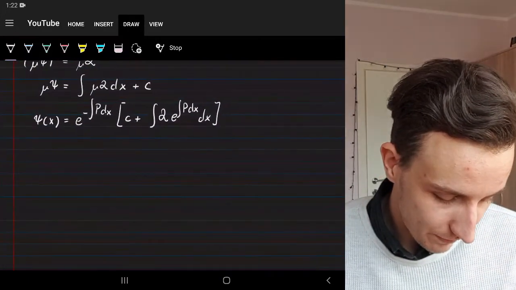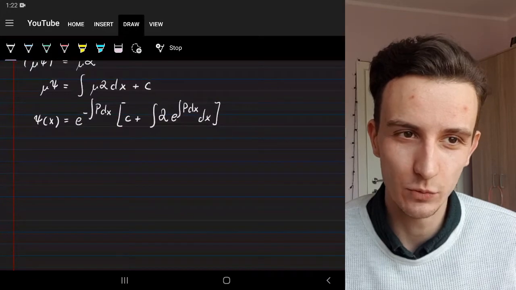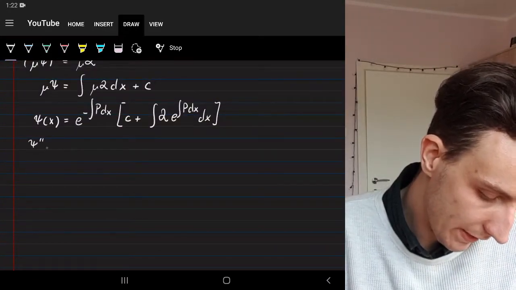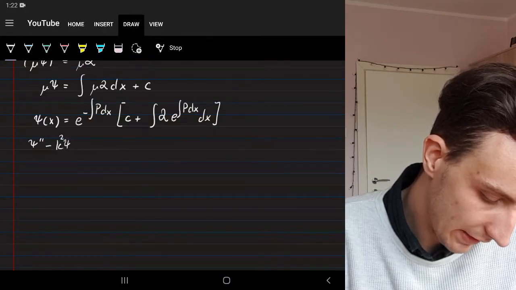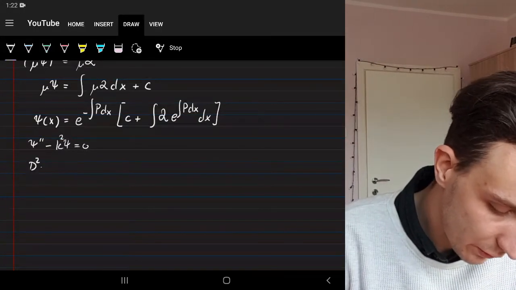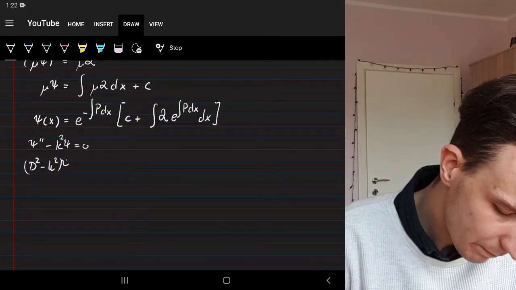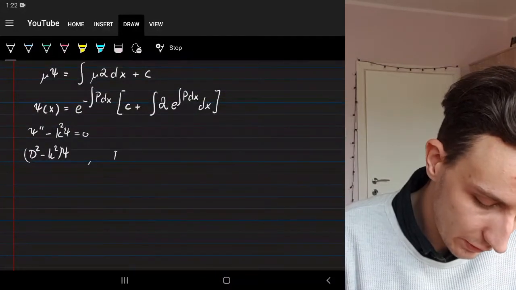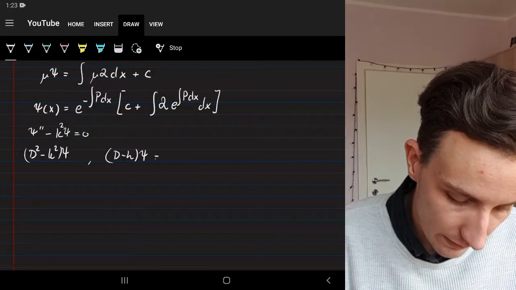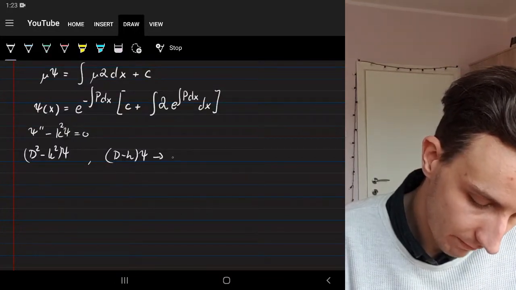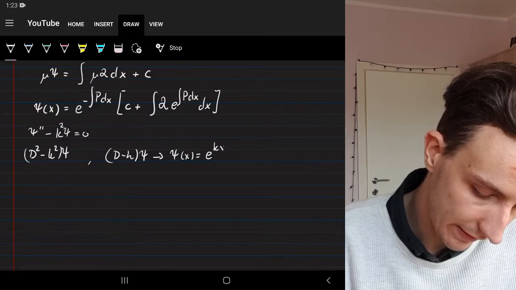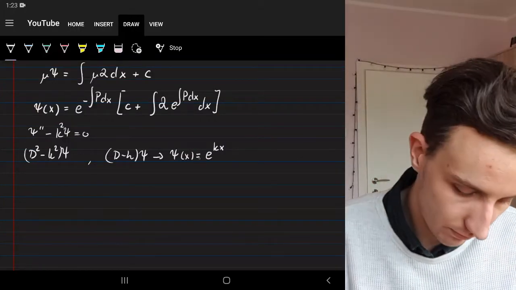Anyways, the differential equation that we had last time was psi double prime minus k squared psi equals 0, and then we dismantled it into d squared minus k squared psi, and we saw that a solution of d minus k psi, when we dismantled it, was psi of x equals e to the kx constant.